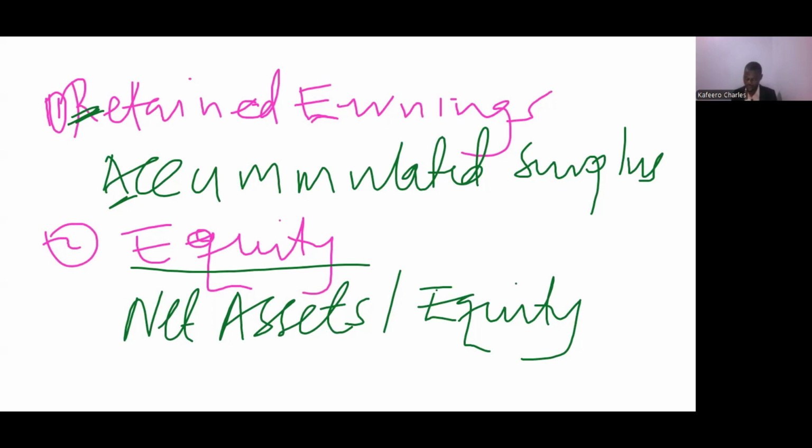That's why they are calling it net assets stroke equity. So we just have a change of names, but it's ideally the same, because equity is just changing to net assets. Even these statements are going to be changing.